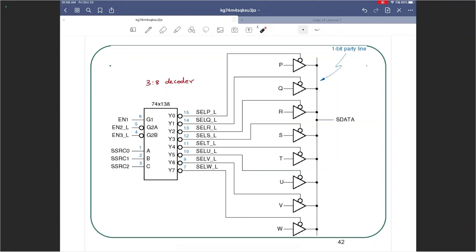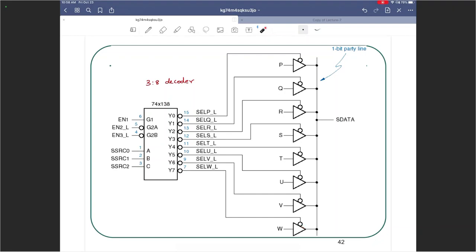Active high inputs, active low outputs, and 3 enable signals. One of them is active high, 2 of them are active low. We have seen this before. Now suppose I connect the 8 outputs of the decoder to the enable signals of 8 tri-state buffers.